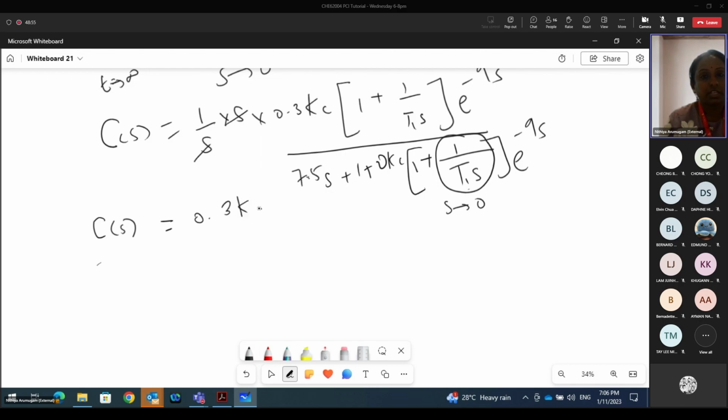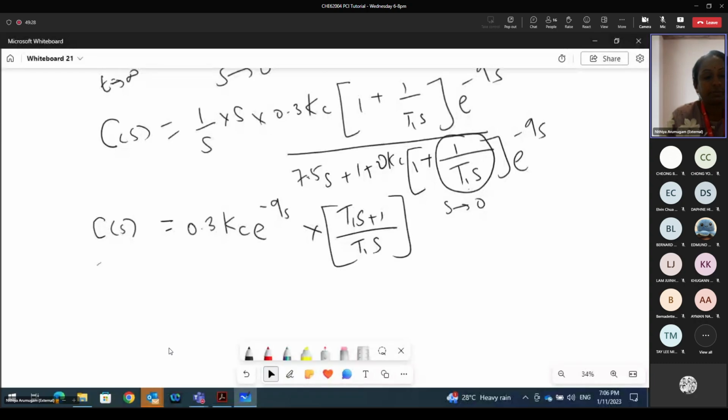So 0.3 Kc e to the power of negative 9s, times T1 s plus 1 over T1 s.